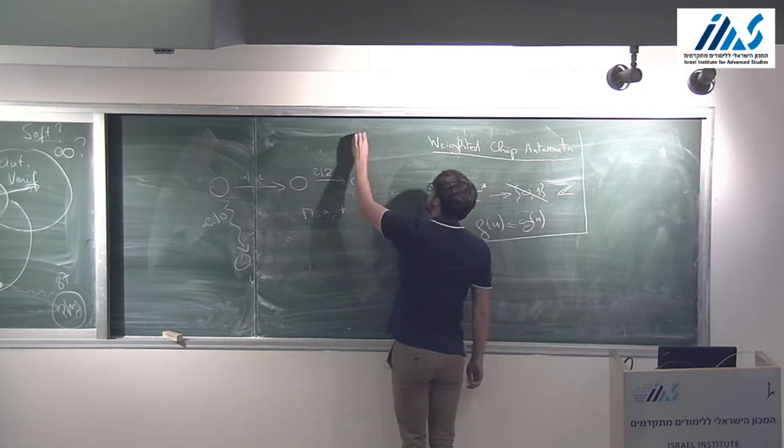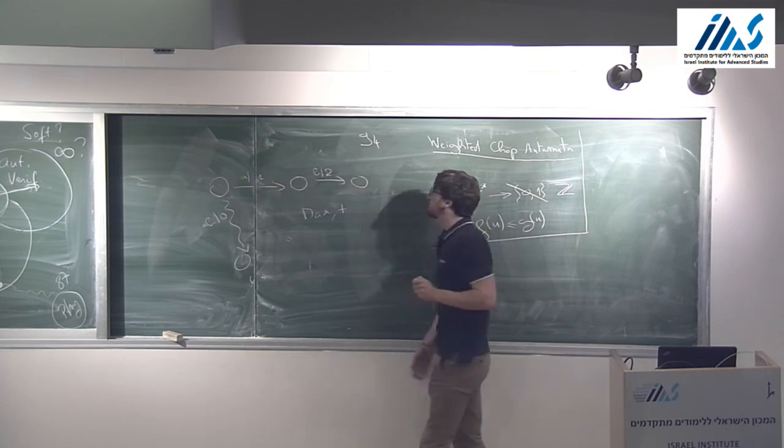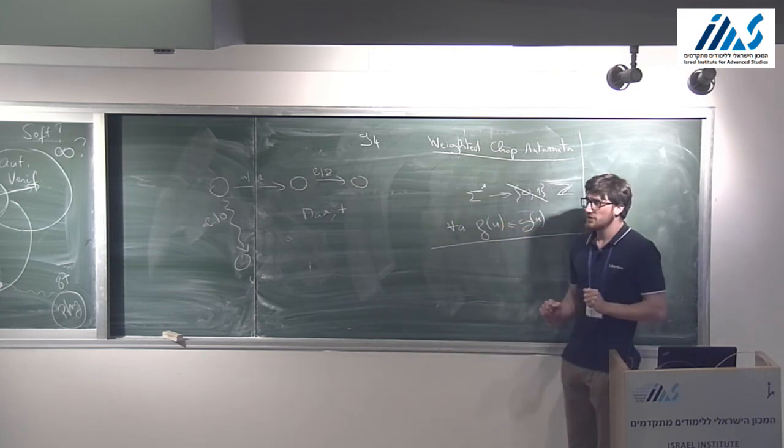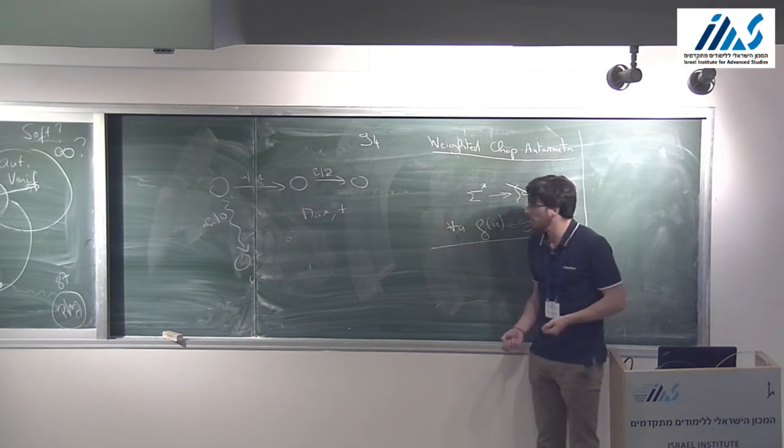But in 1994, Krob proved that the language inclusion for max-plus weighted automata is undecidable.